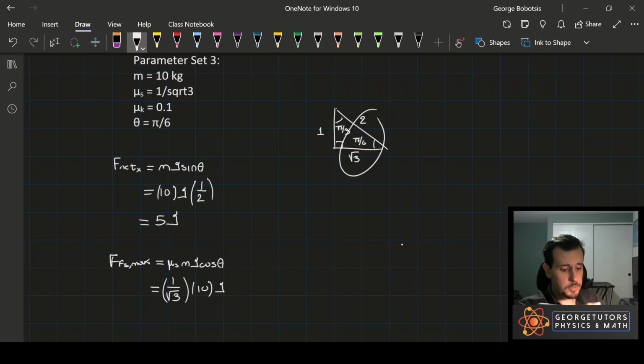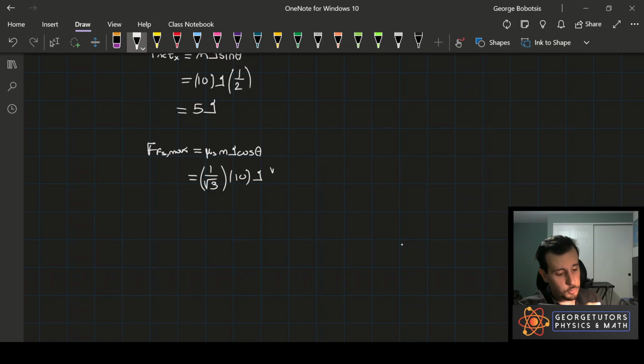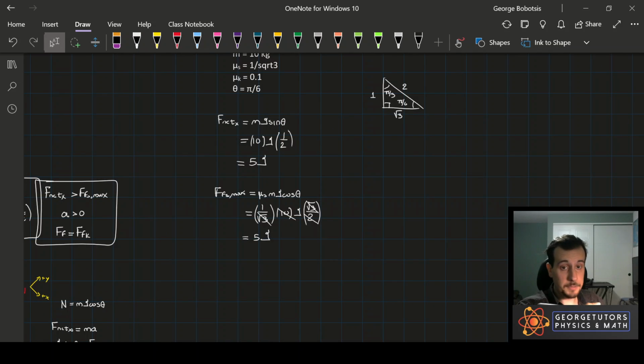Cosine of pi over 6, we can see over here, is going to be root 3 over 2. So in this case, I've got cancellation of these two, and then these two here will produce a 5, so I got exactly the same answer as for f net x.